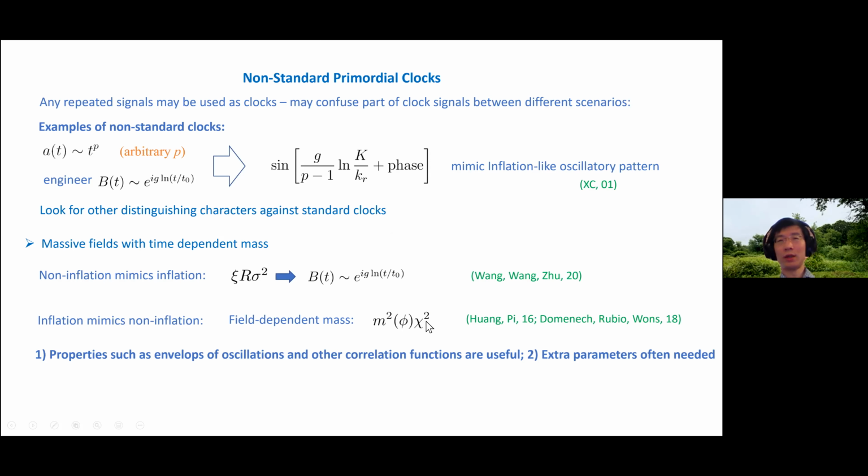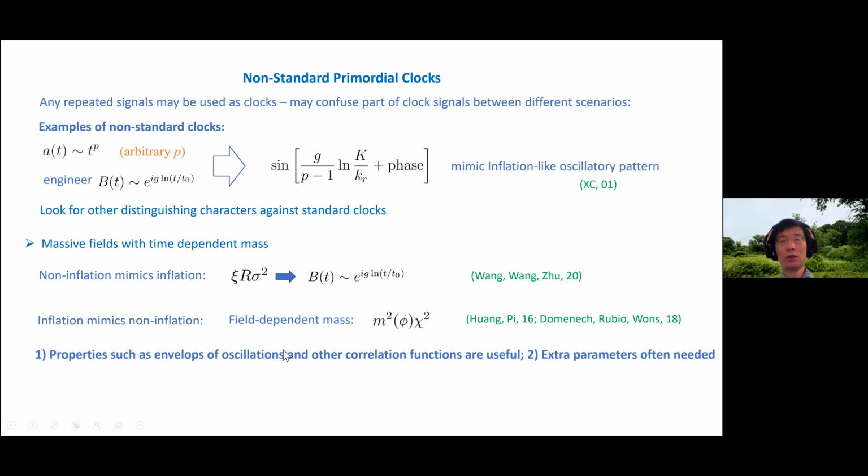Recently, there are some detailed model building studies that construct such models. For example, Yi has a nice talk in this session that makes use of this coupling of a massive field to the curvature modes, which actually is a model building realization of that kind of oscillation, which then mimics the sine log behavior. And also there are some works trying to construct field-dependent mass terms for the massive fields. The time dependence comes from the time dependence of phi.